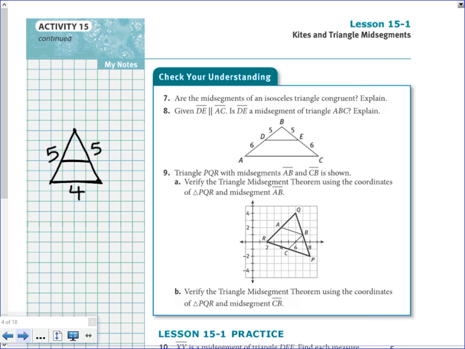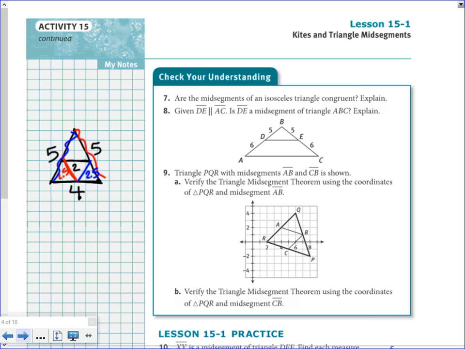So this is going to be the midsegment of this side, which means it's going to have to be 2 because it's half of 4. The midsegment for this one, half of 5 is going to be 2.5. And the midsegment for this left side is going to be over here, and it's going to be 2.5, because half of 5 is 2.5.